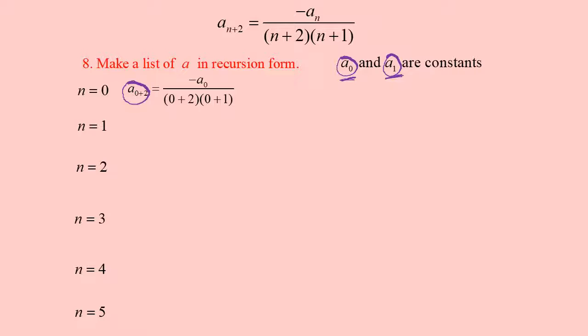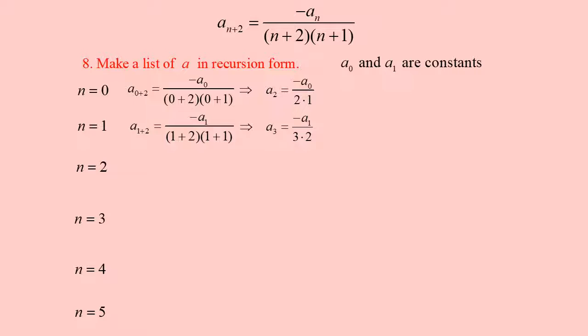In other words, in the end, we need to come out with A0s and A1s, but not A2s and 3s and 4s and so on. So anyway, we'll continue on, do a little bit of simplifying on this, and then plug in a 1 for n, a little bit of simplifying on that. Plug in a 2 for n, and so on.